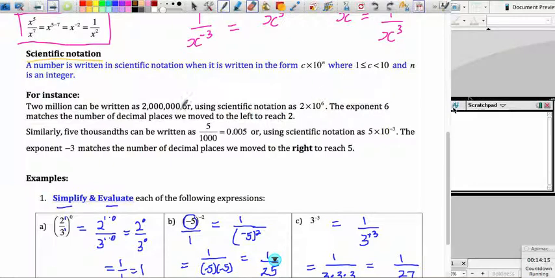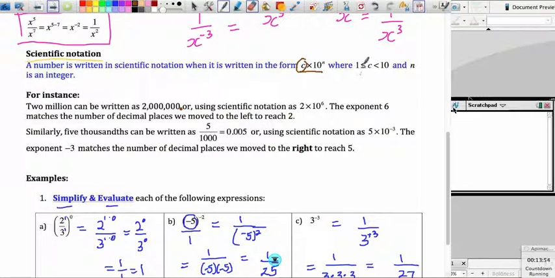The way that we would do that is we have a decimal point here, and essentially there are two rules. Numbers in scientific notation are written in the form of c times 10 to the power of n, and what we mean by that is c over here, the number in the front, which is called the mantissa.